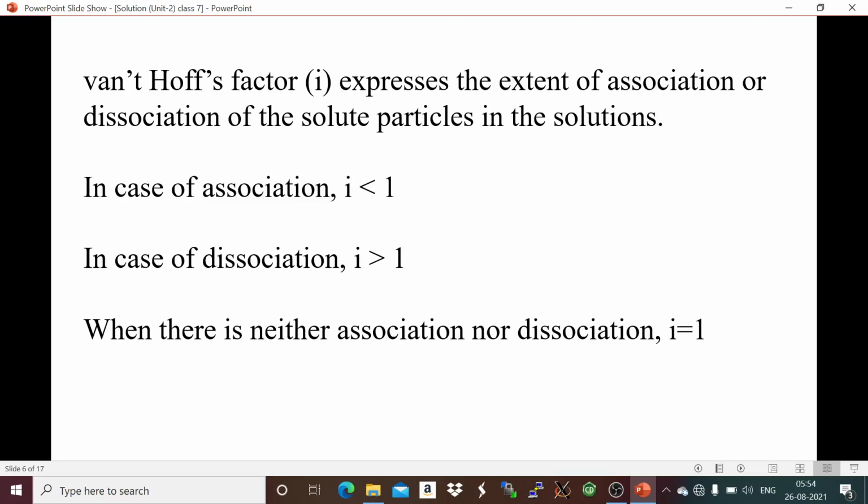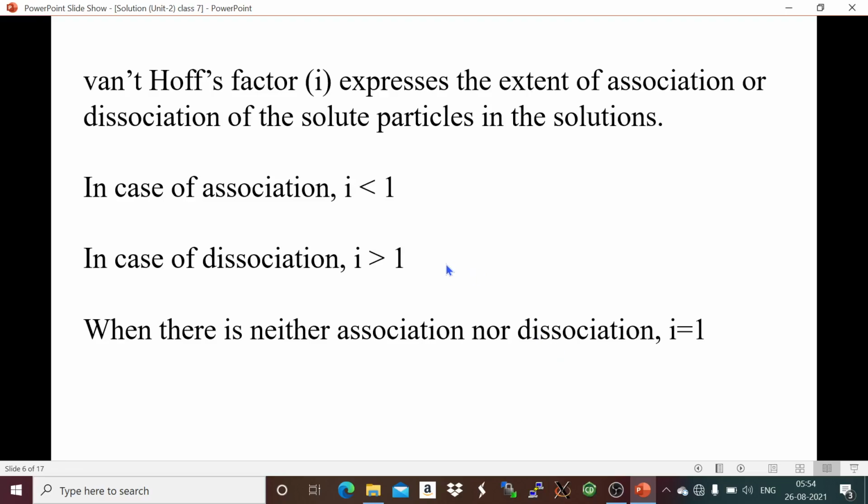When we discussed normal colligative properties, that is relative lowering of vapor pressure, elevation of boiling point, depression of freezing point and osmotic pressure, we did not have this i term, because we chose the solute such that in that particular solvent it does not undergo any association or dissociation.